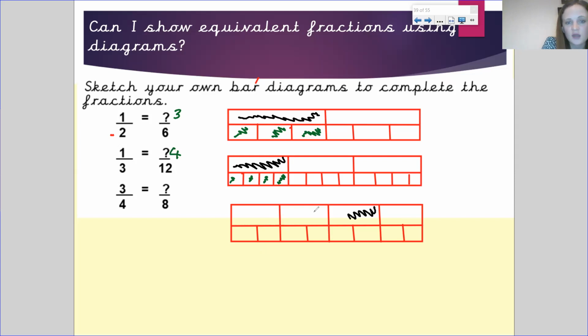So we're going to go 1, 2, 3. And how many eighths does that equal? It equals 1, 2, 3, 4, 5, 6. Okay, 6/8. So your fractions should look something like that. So give yourself a tick if you have got that. If you haven't, just give yourself a little correction to what it should look like.